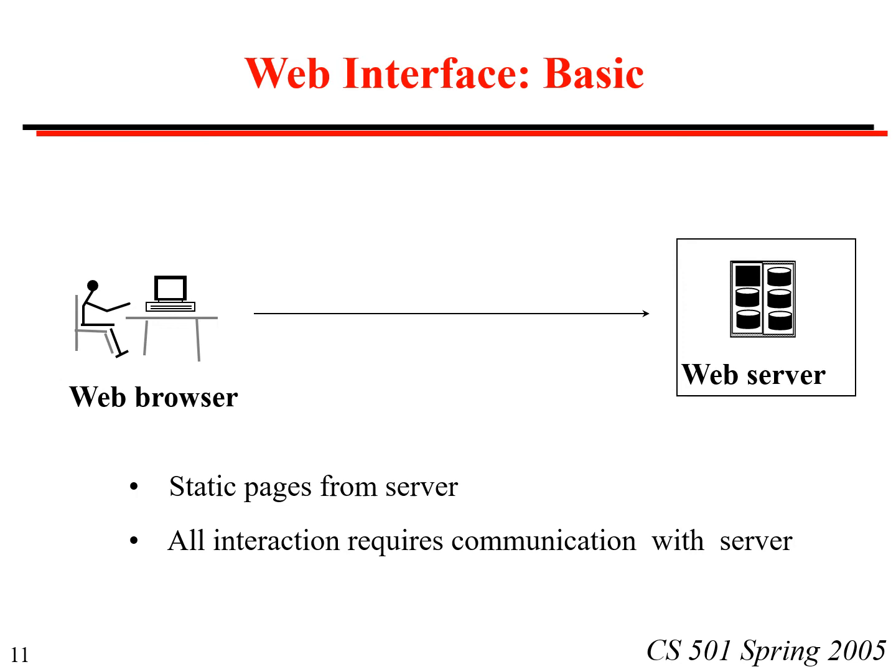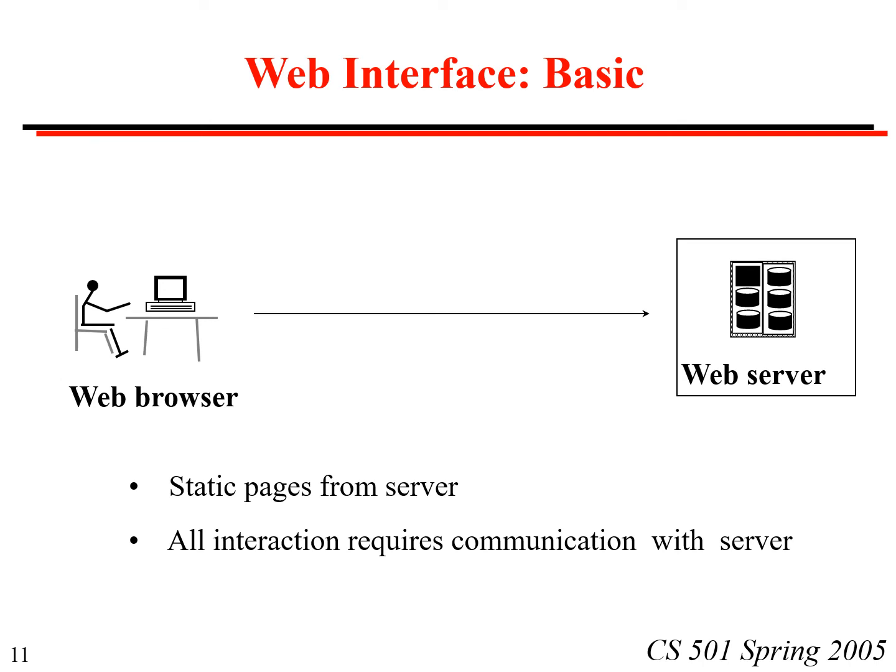That data will be fetched from the database of the web server. On the right-hand side you can see a repository, metadata, database or data warehouse, from where the client is going to retrieve the requested data. So, static pages from the server, and all interaction requires communication with the server.